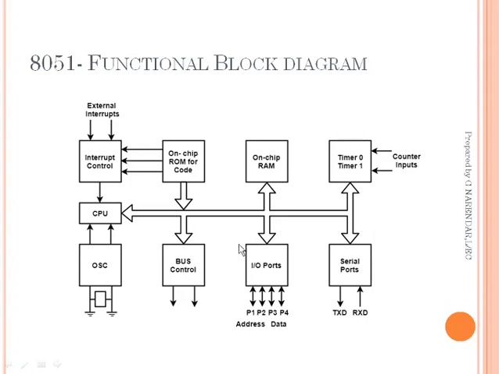Next you can see that there are certain IO ports. We said there are four IO ports, P0, P1, P2, P3. Also you have serial ports, and a special circuitry called timers or counters. There are two timers, named timer 0 and timer 1.